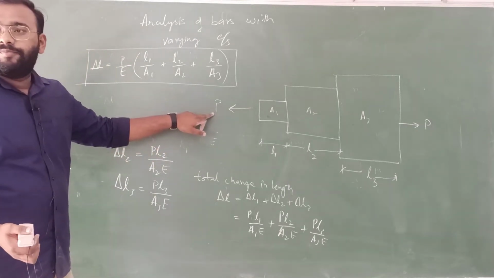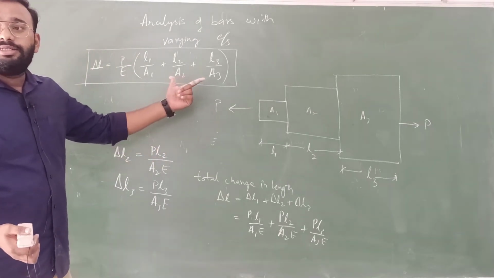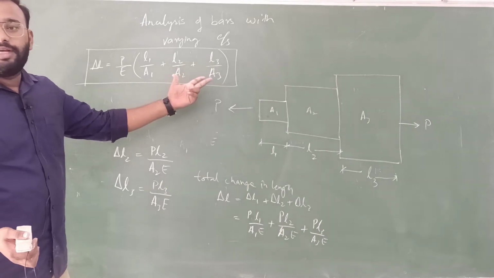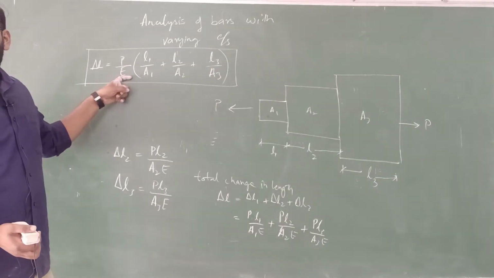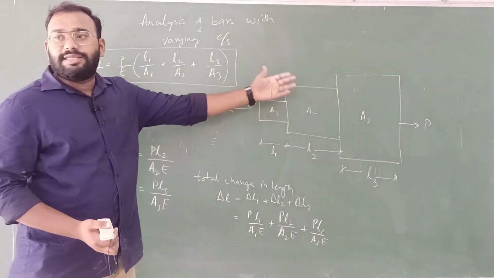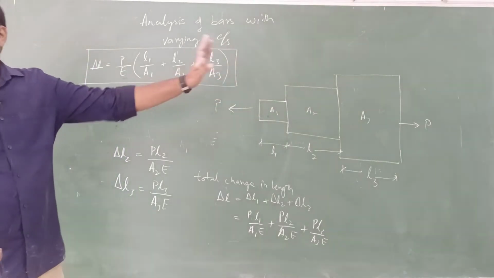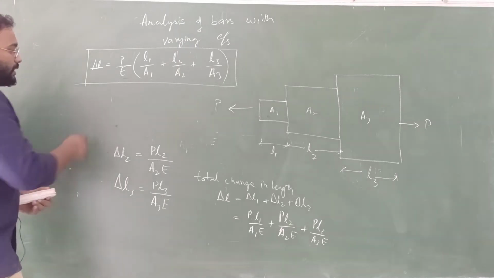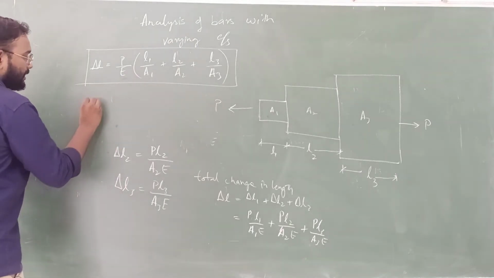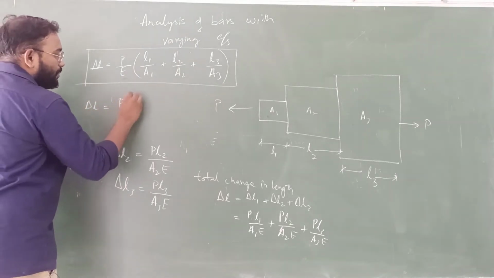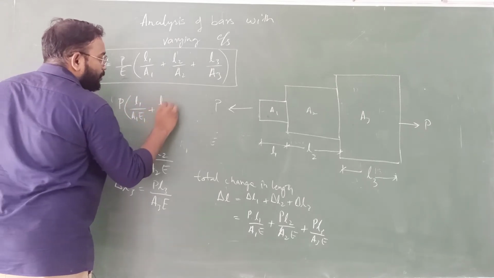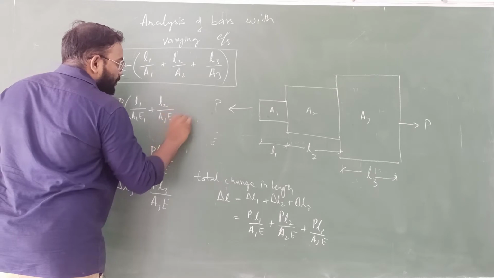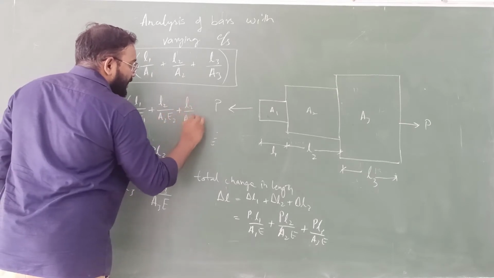Load will change? No. Length will change? No. Area, it won't change. What changes is Young's modulus. Young's modulus of steel is different, of brass is different, of wood is different, of glass is different. Okay. So if you have different components, the delta L will be equal to P times L1 by A1 E1 plus L2 by A2 E2 plus L3 by A3 E3.